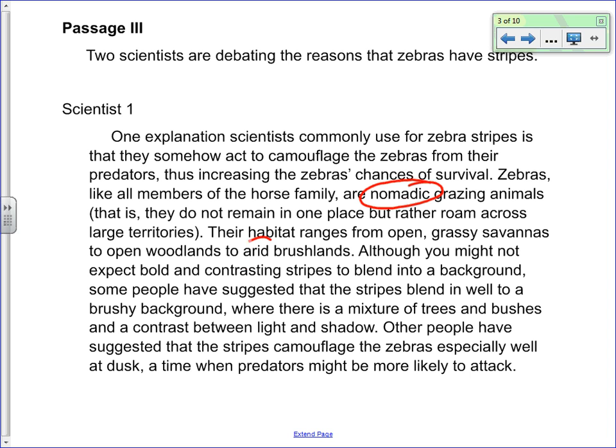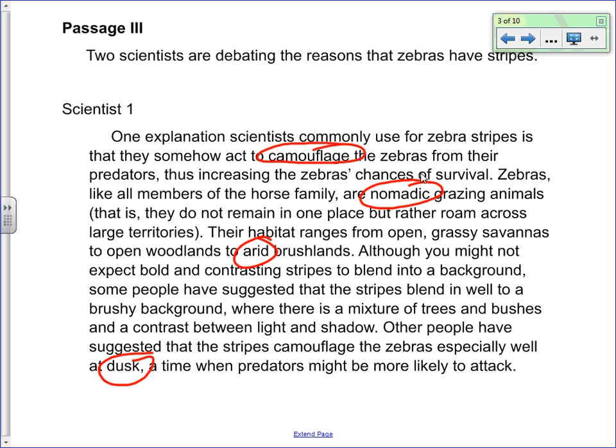Savannas, open woodland, arid, bushlands. Good. Other terms? Dusk. Nice. Other terms? Camouflage. Good. Other words? Going once, going twice, and sold to these four.